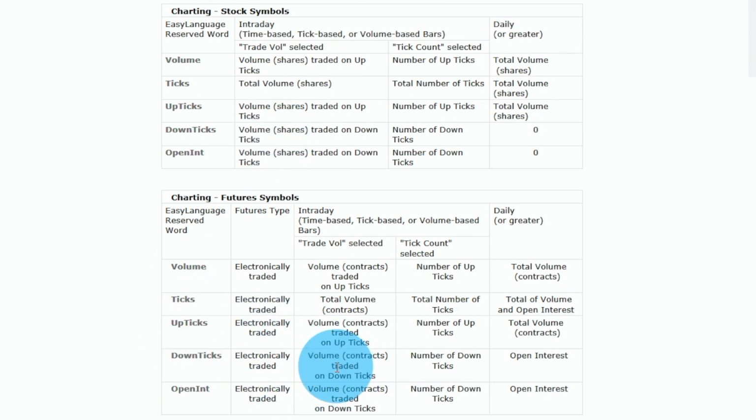The only difference is when we switch to the daily time frame, all volume is the same. But in futures, there is still a difference. The upticks calculate the volume today, and the downticks calculate the number of contracts that is still open and not closed.